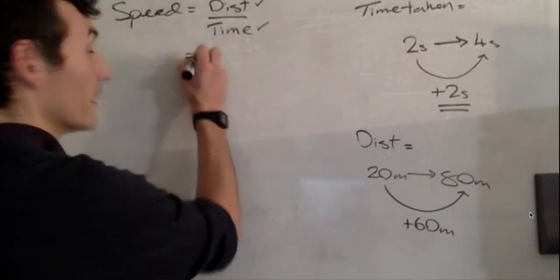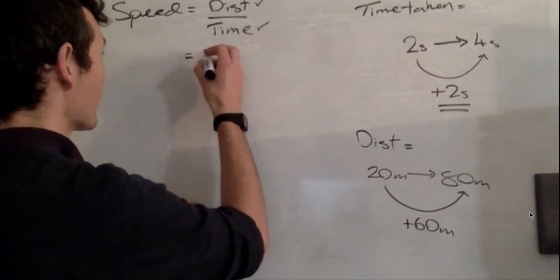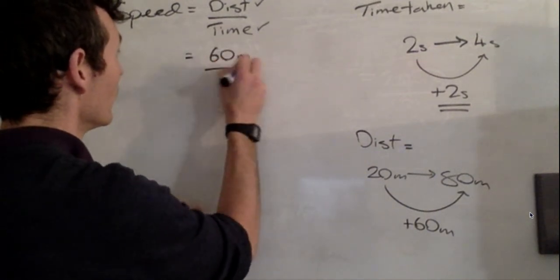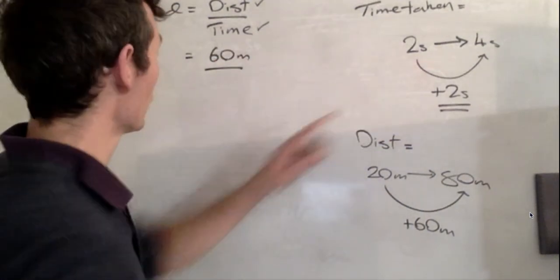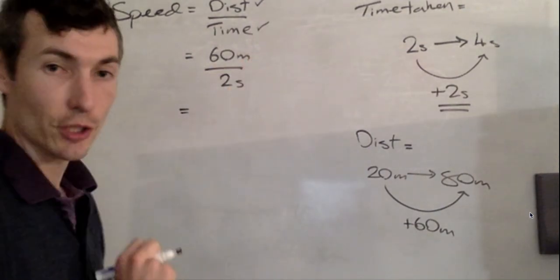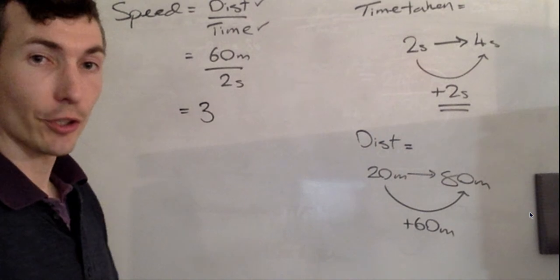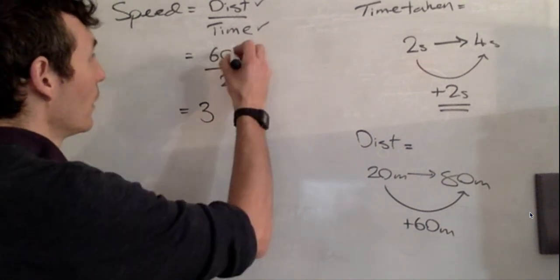Now we can fill these into our equation. The distance is 60 meters. Time taken is 2 seconds. And that is going to be 60 divided by 2, which makes 30. Let's not forget about our units. Okay, here they are.